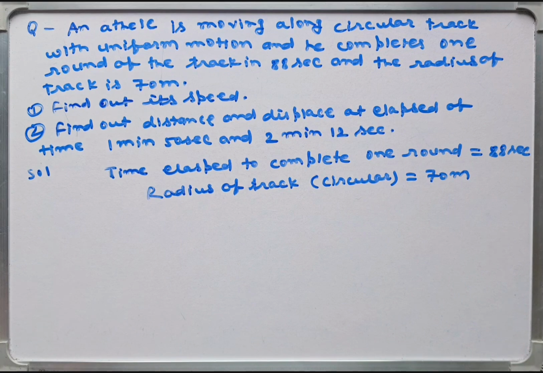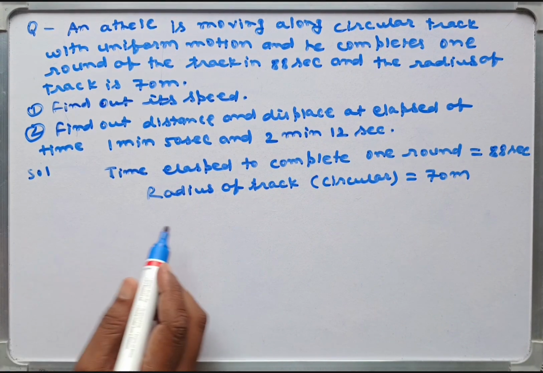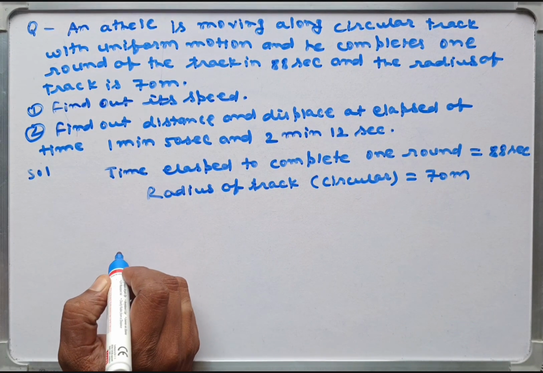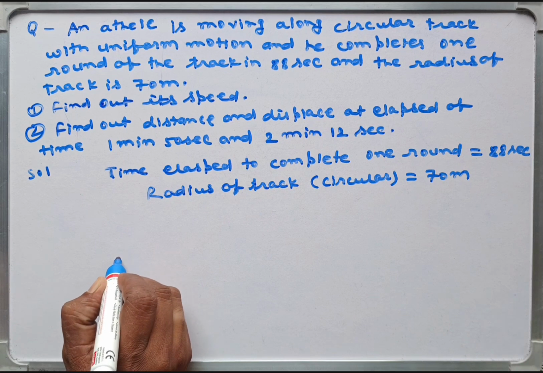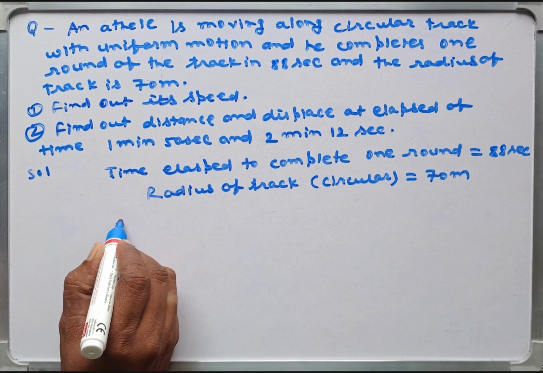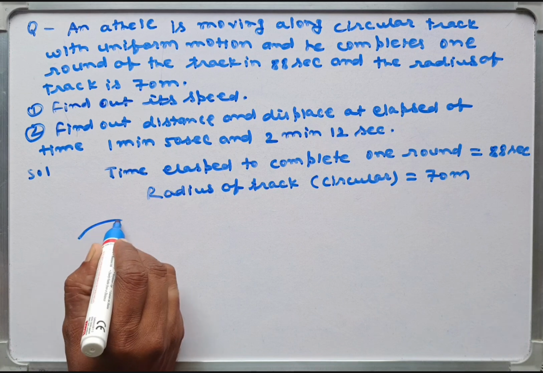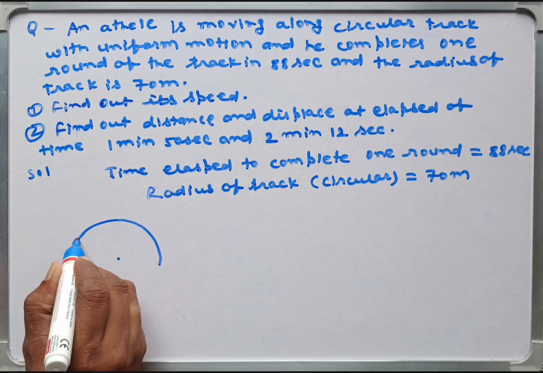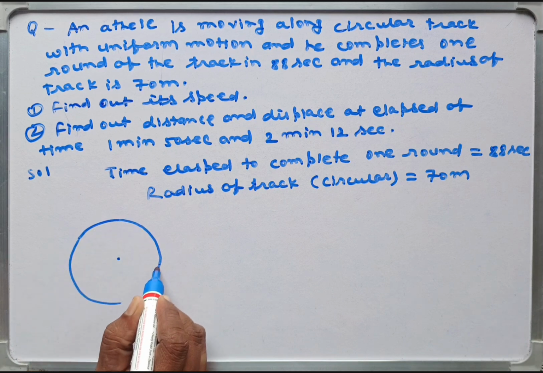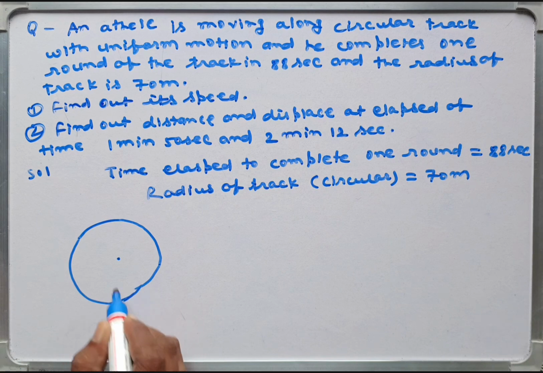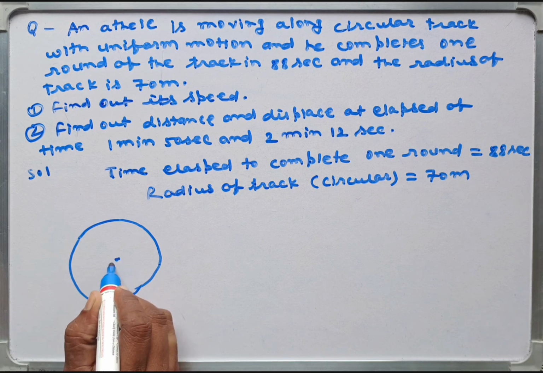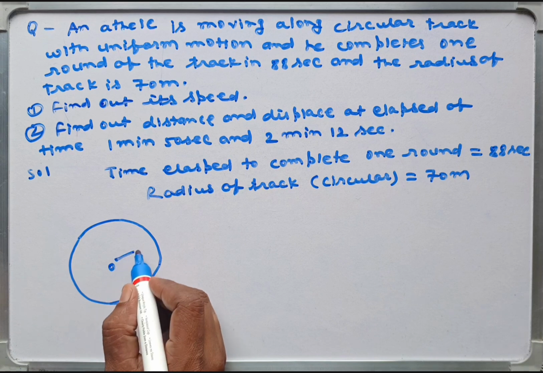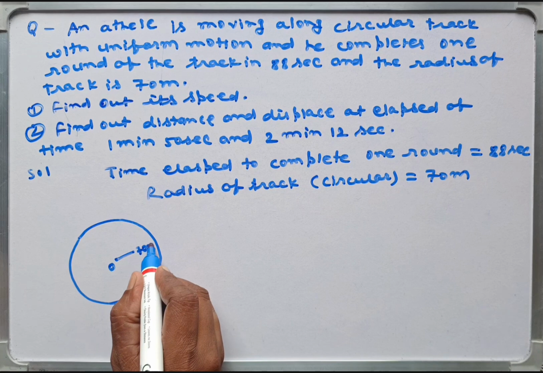You know this path is circular, so we first draw a circle here. Suppose this is the center, and this radius is 70 meter.